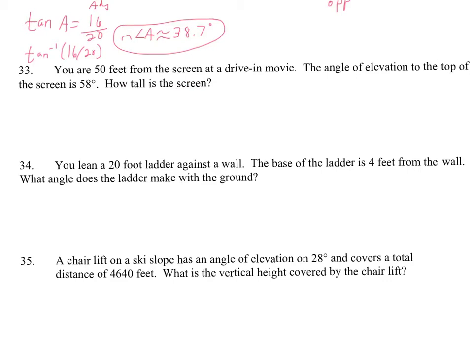Well, it might be helpful to draw a picture. So when it says you are 50 feet from the screen, that's just going to be a straight horizontal distance. All right. The angle of elevation, that means the angle as you look up. So the angle as you look up is 58 degrees.